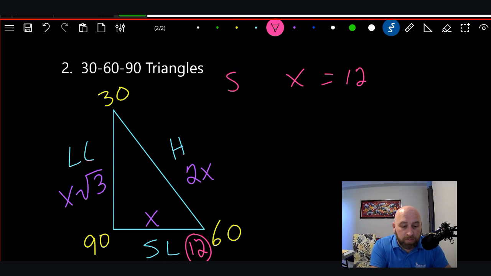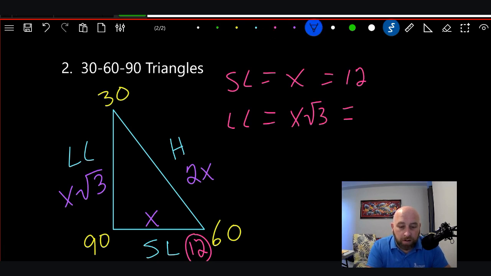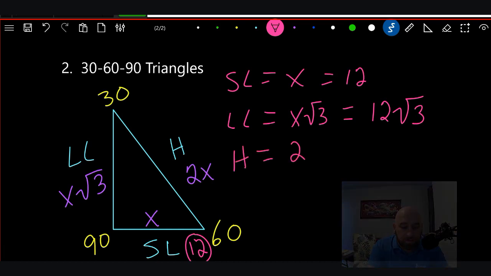So now let me do short leg equals x, long leg equals x square root of 3. So in this case, what is it going to equal? And then the hypotenuse. All we're going to do on this one is just plug it in right there. And so that is going to equal 12 square roots of 3. And then the hypotenuse equals 2x.